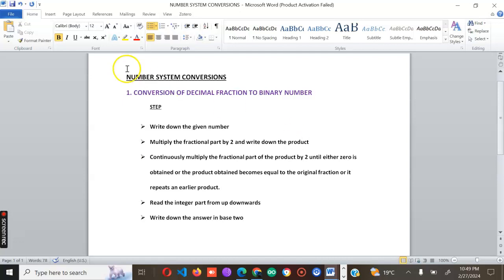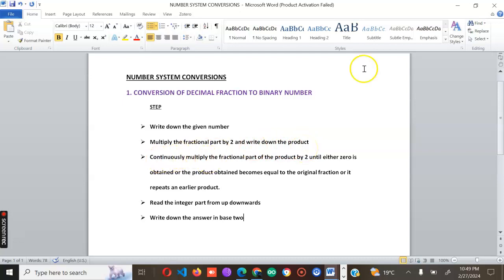These are the steps whenever we are converting a decimal fraction to a binary number. Step 1, write down the number. Step 2, multiply the fractional part by 2 and write down the product.